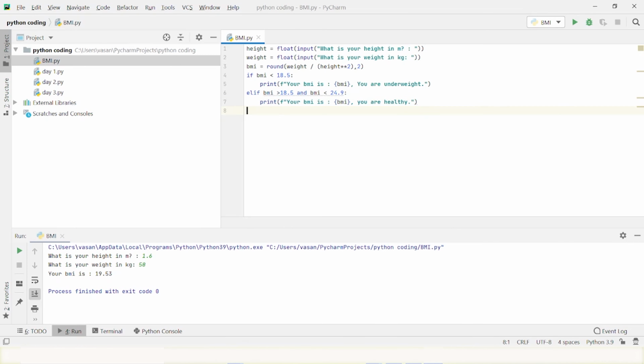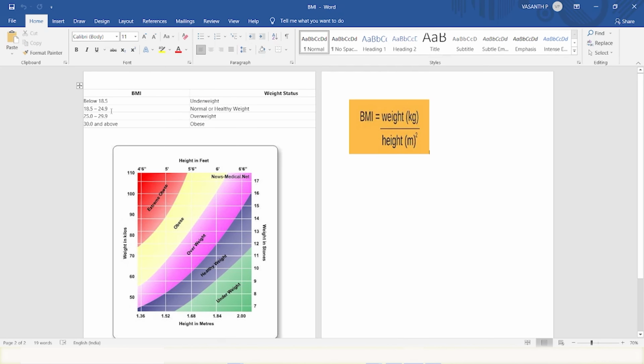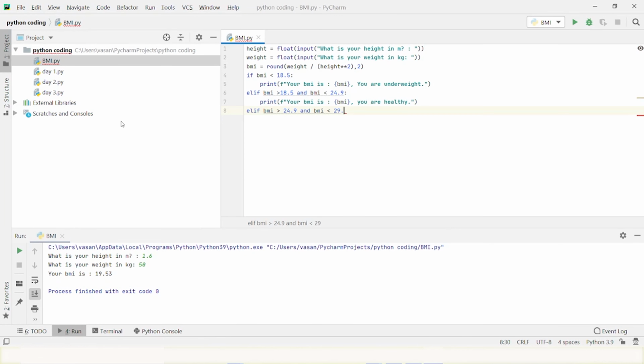Next elif statement: BMI is greater than 24.9 and BMI is less than 29.9.